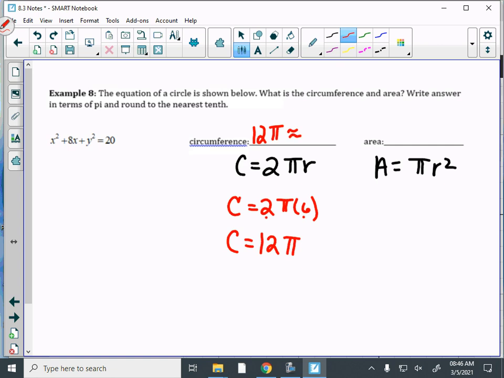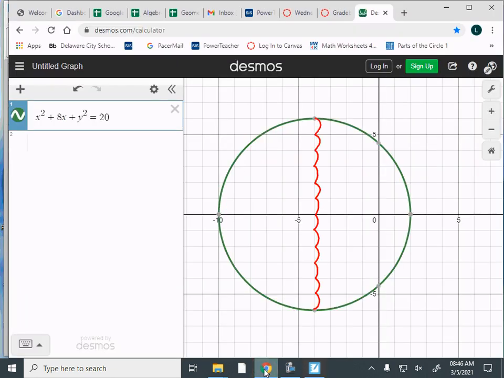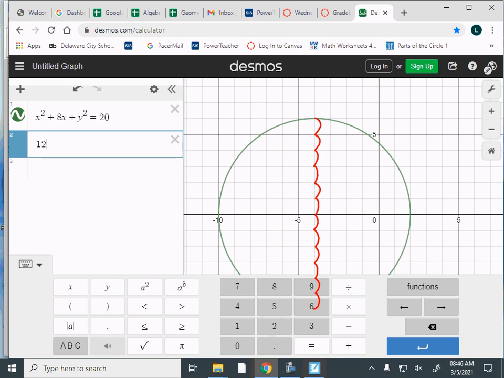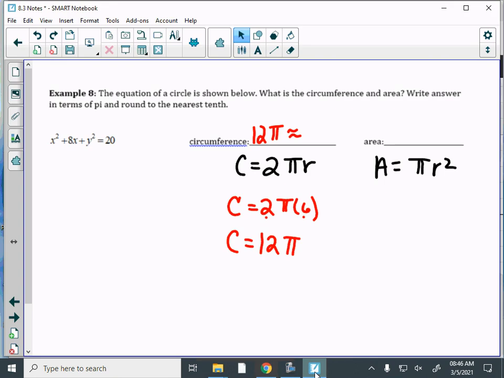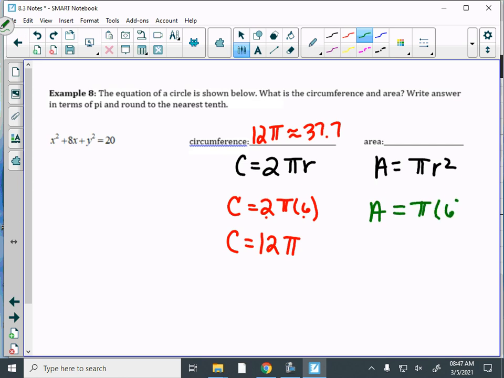To get the rounded answer, just plug 12 pi into your calculator. And we get about 37.7. The area, again, just plug 6 in for r. The exact answer, just square the 6. What's 6 squared? 36.